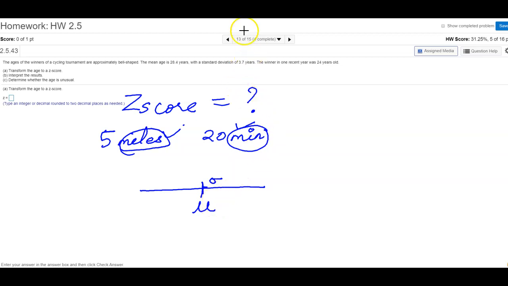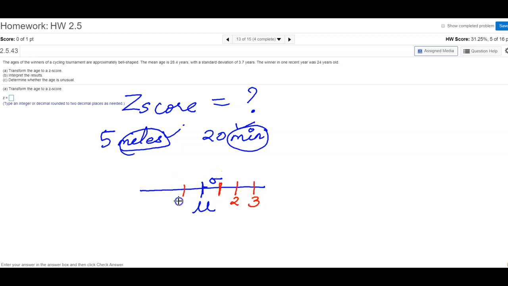Now, let me go ahead and change the color here. I want to get a red color. So if my z-score is 1, that means I'm 1 standard deviation above the mean. If my z-score is 2, I am 2 standard deviations above the mean. If my z-score is 3, I'm 3 standard deviations above the mean.